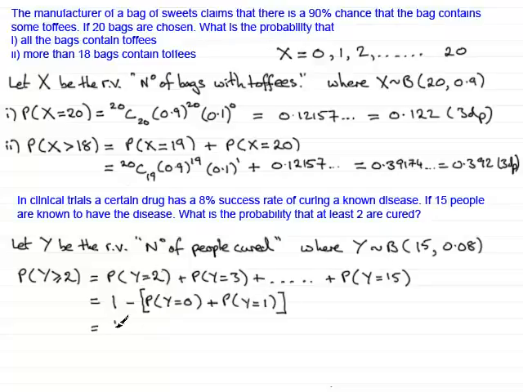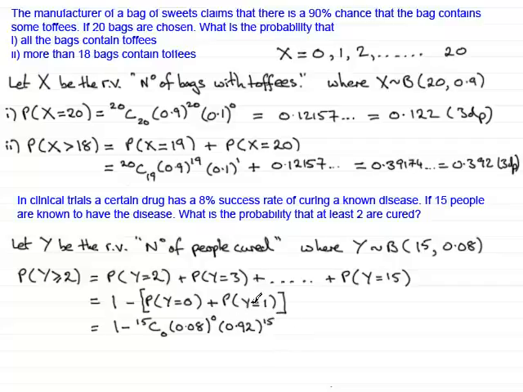So all I need to do now is just work out these two rather than having to do all this lot. So it'd be 1 minus, so for the probability Y equals 0, it would be 15 C 0. Probability of success is 0.08, and that is occurring no times. Probability of failure is 0.92, and if we had no successes, there must have been 15 failures.